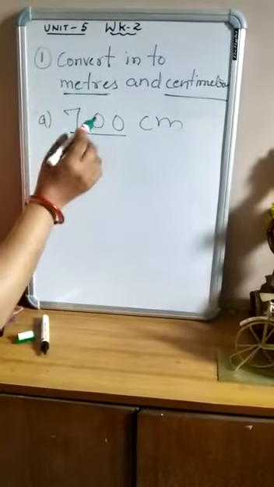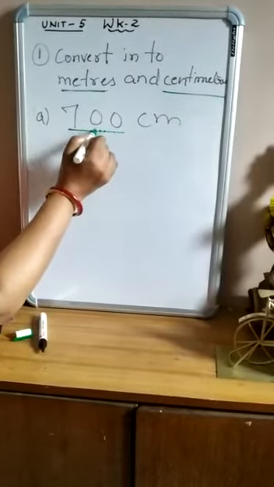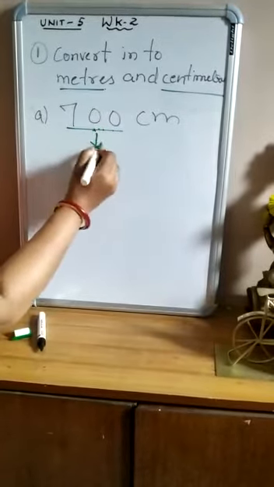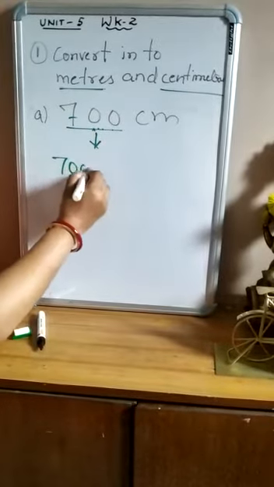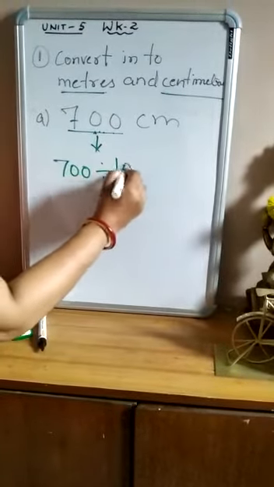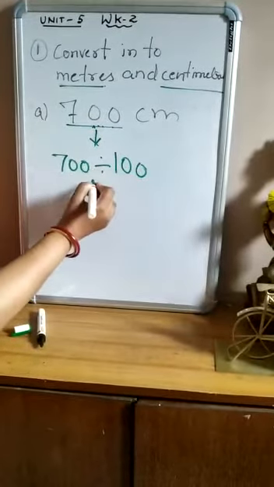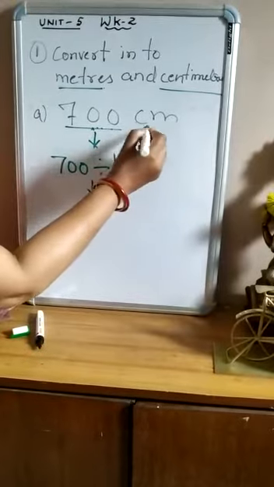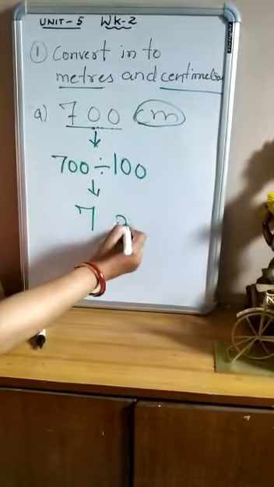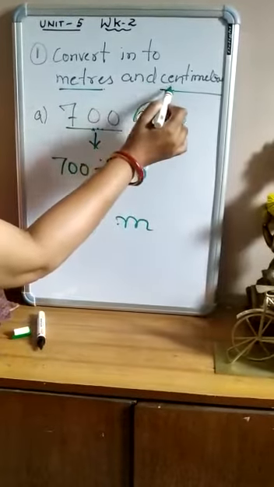What we will do? We divide the number of centimeter. What is the number of centimeter here? 700 by 100. We divide the number of centimeter by 100, then we get 7, and then here this centimeter will be converted into meter, and then here centimeter.